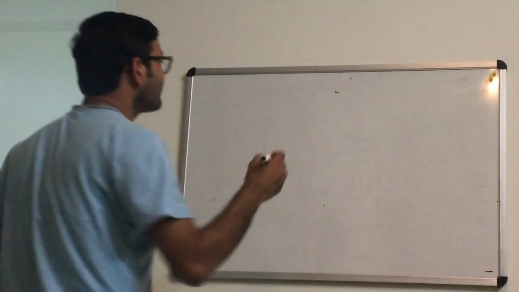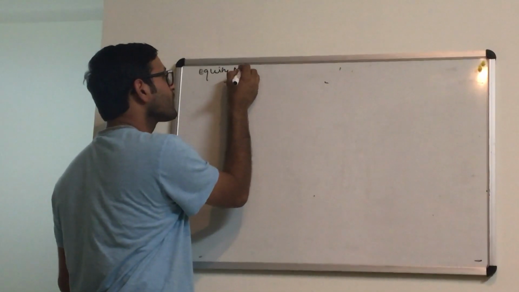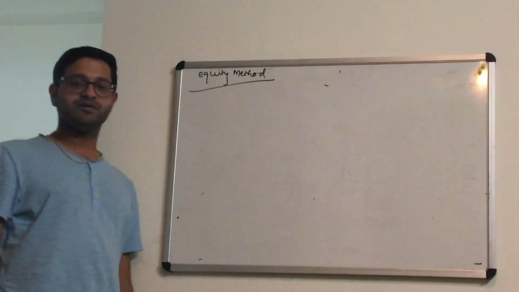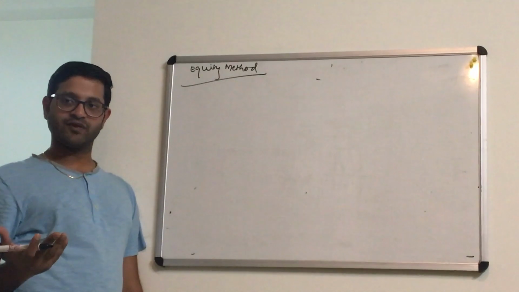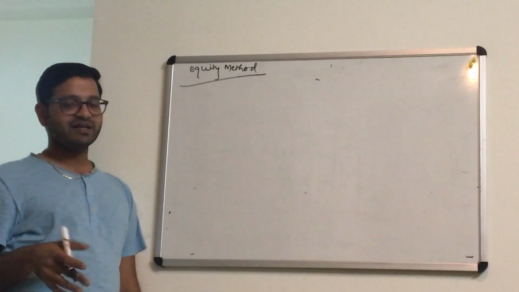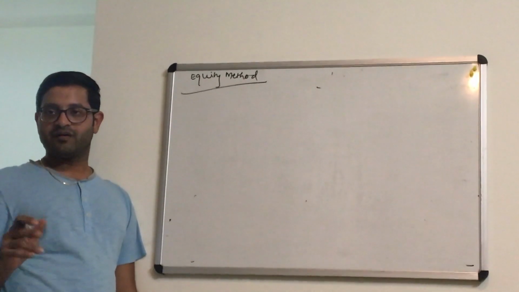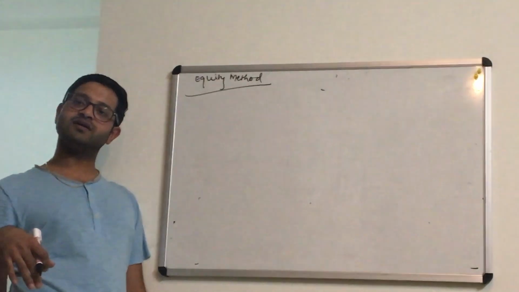Now moving on to the equity method. Generally we say 20 to 50% investment and we use the equity method. The idea is that when you're preparing your financial statements, you take the percentage from the other person's balance sheet.